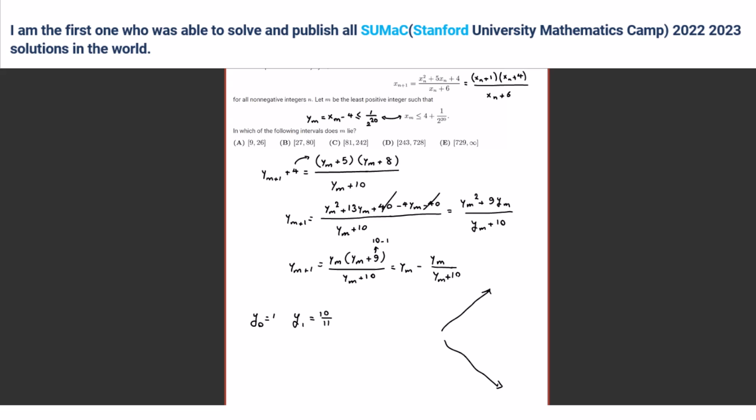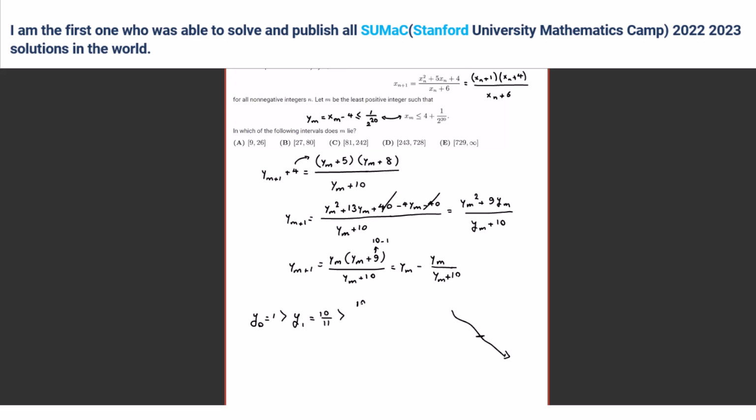Because it says the least m for some value. It's decreasing and y_m approaches 0, so x_m approaches 4. The first one is 1, and this one is smaller than 1, right? Yeah, so decreasing. And the next one is what?